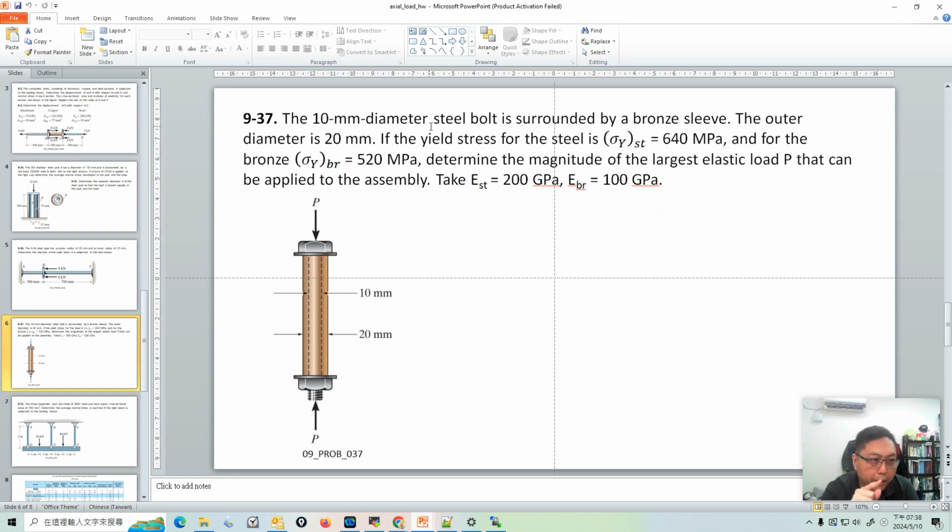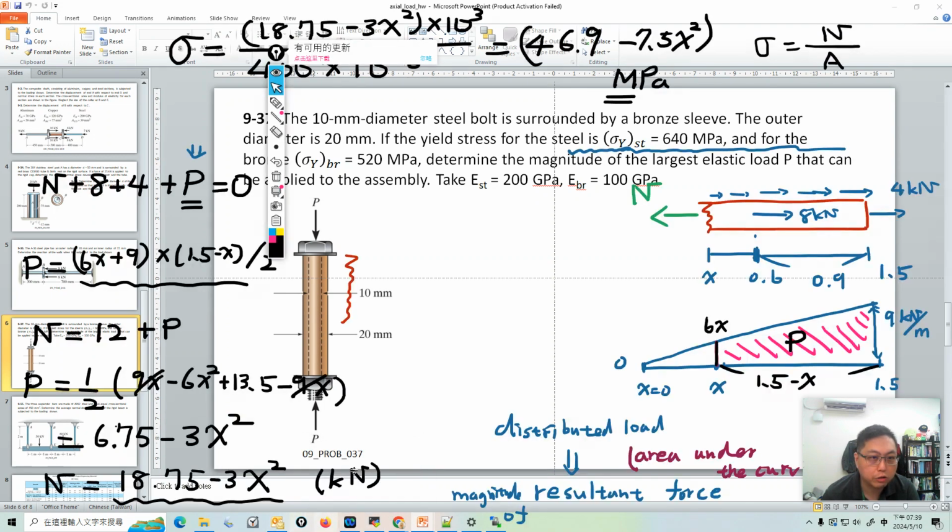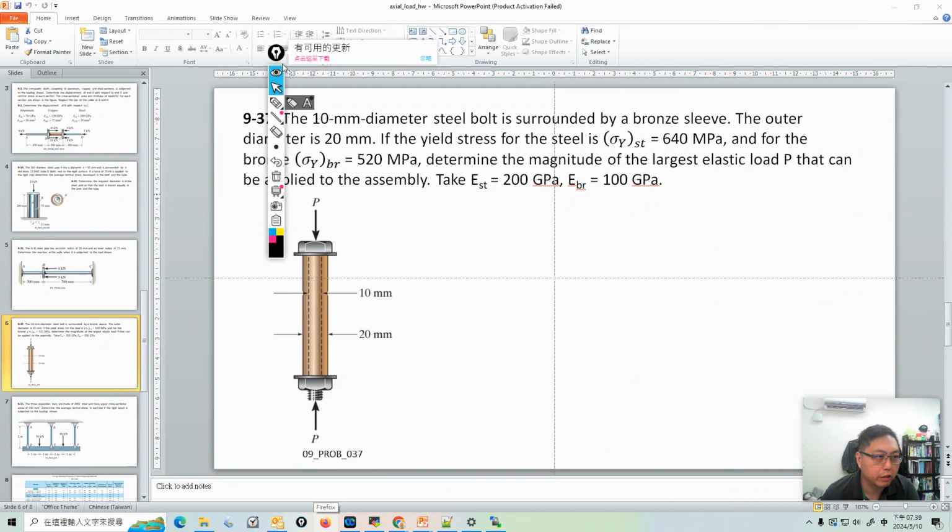The bolt is made of steel, and the sleeve is made of bronze, and the outer diameter of the sleeve is 20 millimeters. So let me draw the picture. It just looks like this. Okay, so this is the problem description.